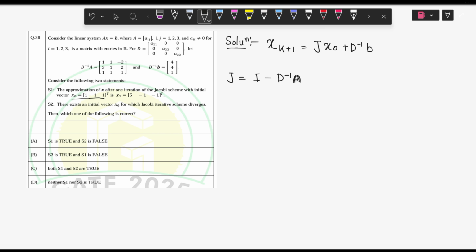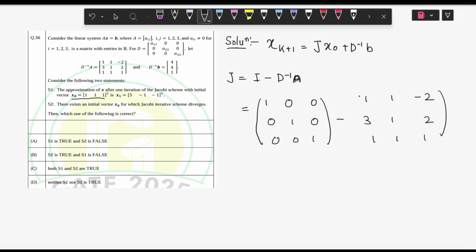Okay, so first let's calculate I minus D inverse A. I is equal to 1 0 0, 0 1 0, 0 0 1. This is I. D inverse A is given by this matrix: 1 1 negative 2, 3 1 2, 1 1 1.